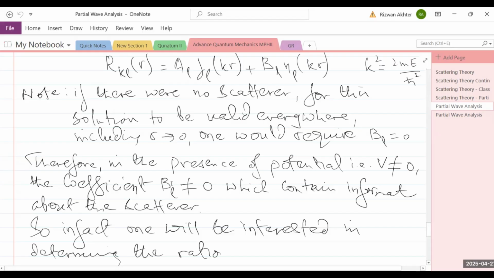And so in that case this BL would contain the information about the scatterer, that is, the incident particle hits the target particle and is scattered, and this information about the interaction with the target particle or the scatterer is contained within BL.